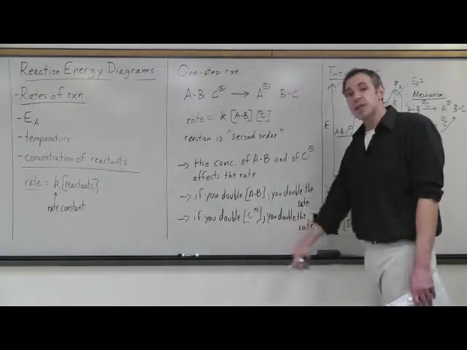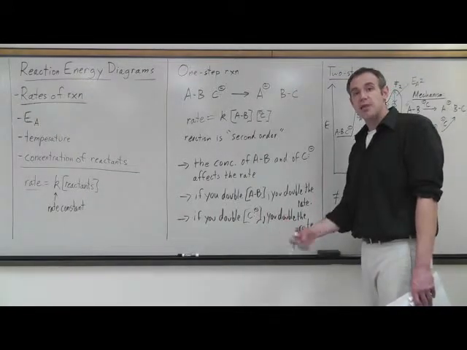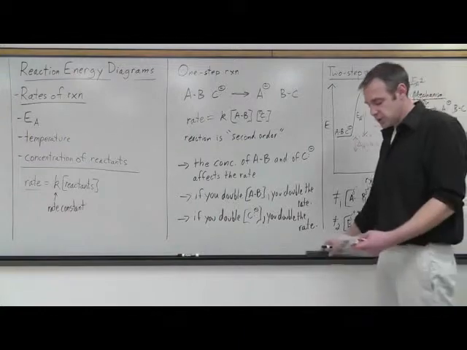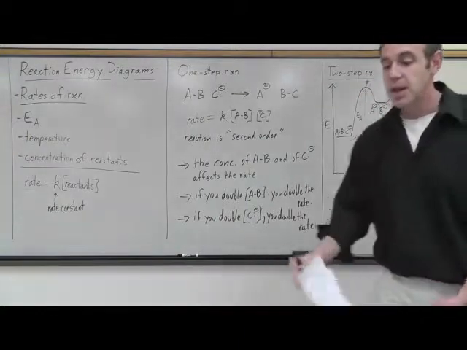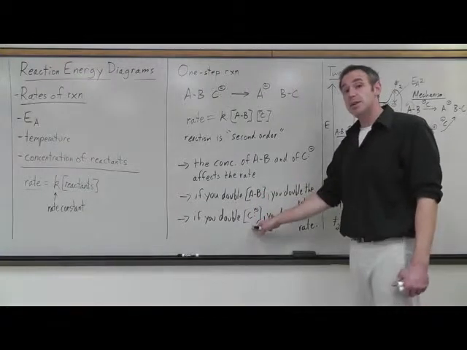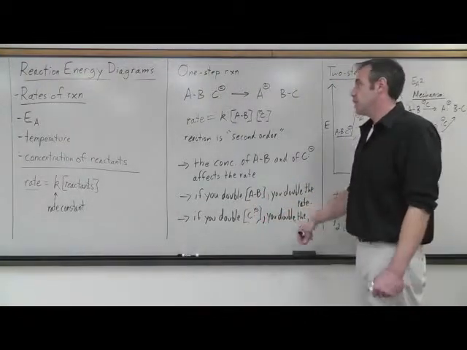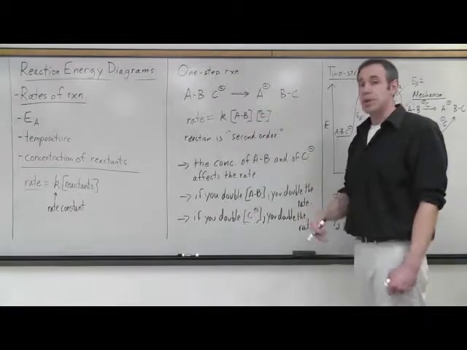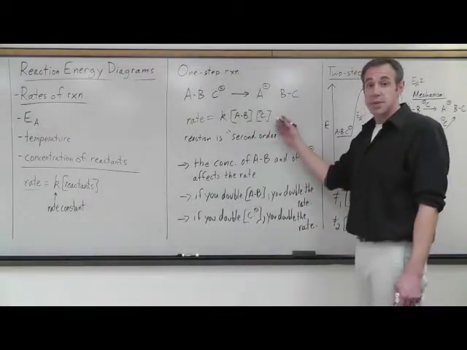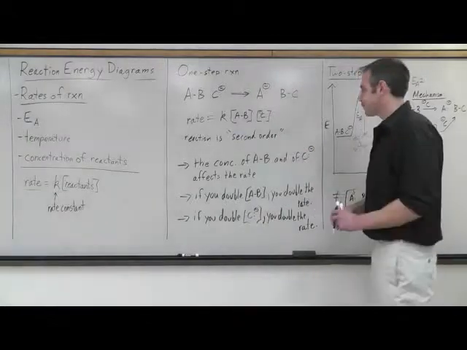Same thing for anion C. If you cut that concentration in half, the rate would be cut in half. So it's a logical relationship. If you were to double both AB and anion C, then since you would be doubling both, you would be quadrupling the rate, because you are multiplying by 2 and then by 2 again.